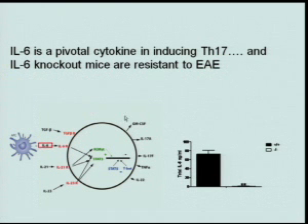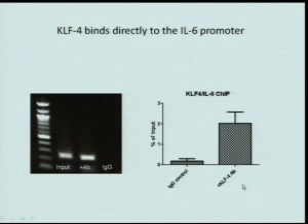So what we had found when we compared the levels of secretion of IL-6 from the KLF4 knockout and wild type dendritic cells is that the DCs that were deficient in KLF4 essentially secreted no IL-6. So they had as great a deficiency in the secretion of IL-6 as the T cells did in IL-17.